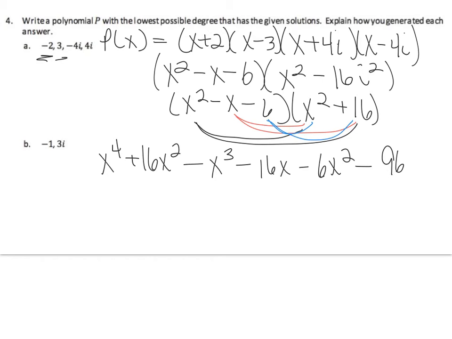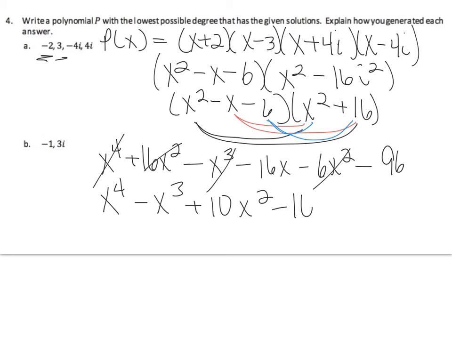Okay, collect like terms. x to the fourth minus x cubed plus 10x squared minus 16x minus 96. Check your answers, and we're good. Okay, I'm going to take this one to the next slide.